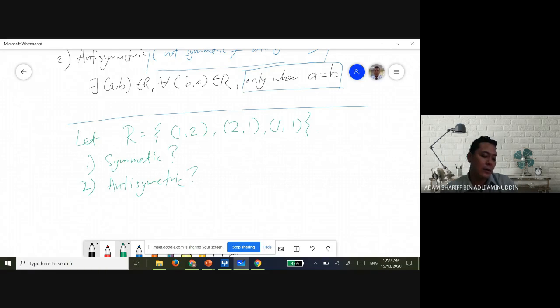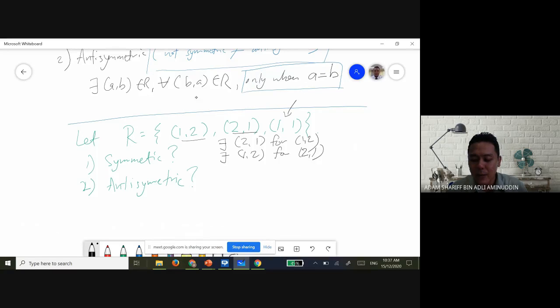Okay. The first one, is it symmetric or not? You check 1, 2. Ada tak 2, 1? Ada. Okay. There exists 2, 1 for 1, 2. Fair enough. Untuk 2, 1 pula, there exists 1, 2 for 2, 1.